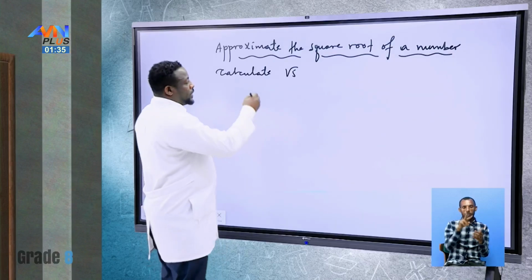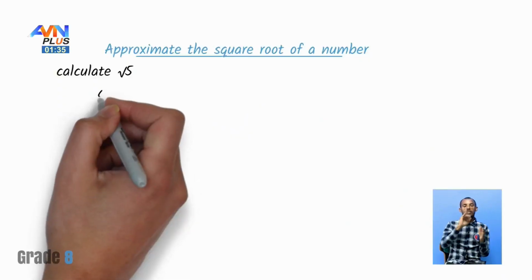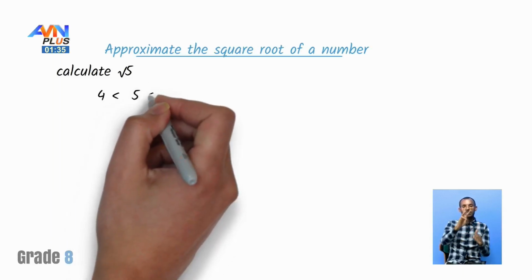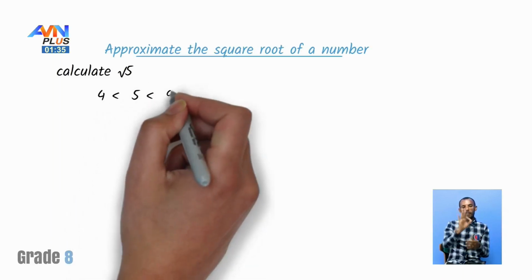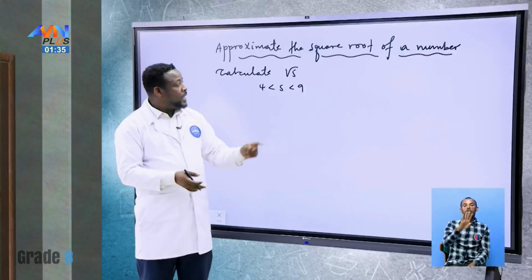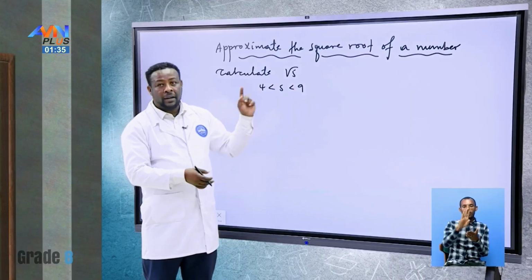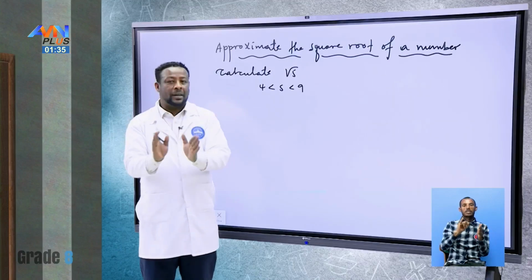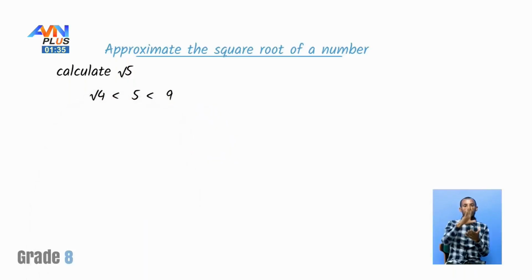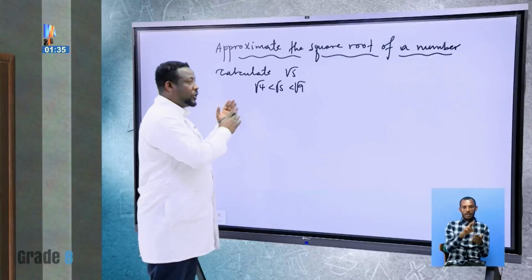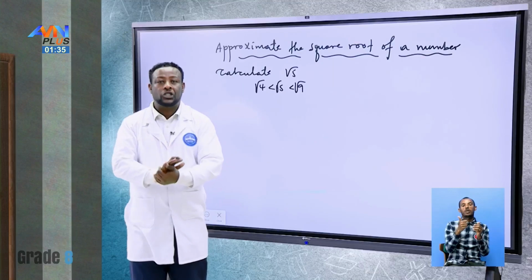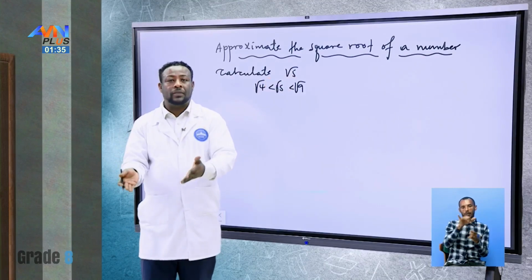Look, clearly 4 is a number less than 5. And 5 is a number less than 6, you can make it 7 or you can make it 9. For some convenience, I took 4 and 9. Clearly, 5 is a number between 4 and 9. So if we take radical on each side, the inequality will not change its direction because all these are positive.